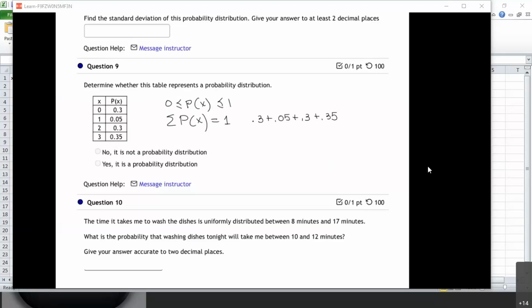These add up to 0.6. So yes, this is indeed equal to 1. So then I can say, yes, it is a probability distribution. All right, please don't assume that if you get to question 9, it's always going to be yes. These questions are set up to randomize the data, so some will be and some won't be. So please check.